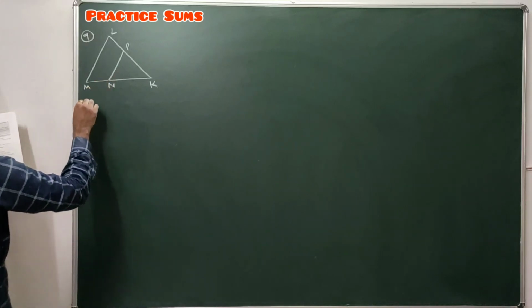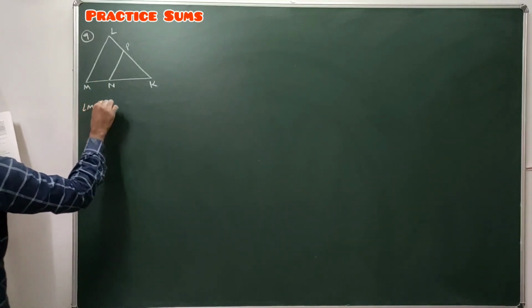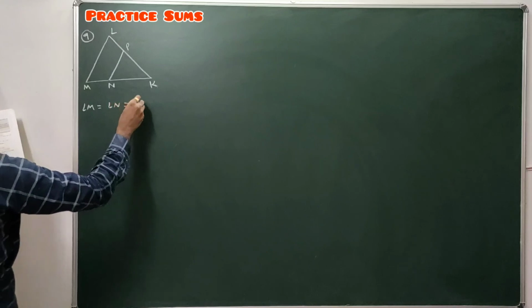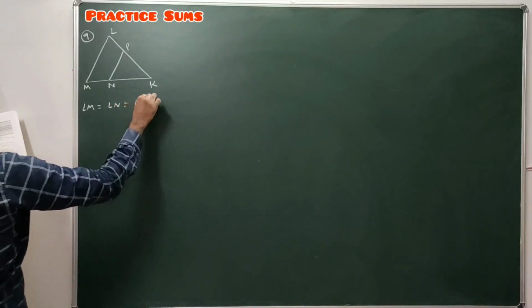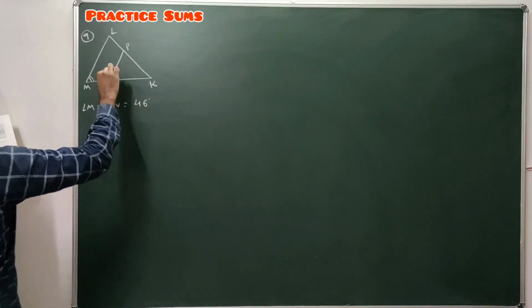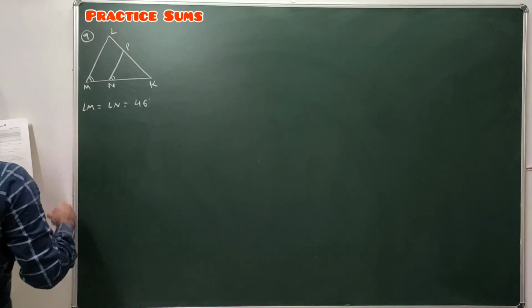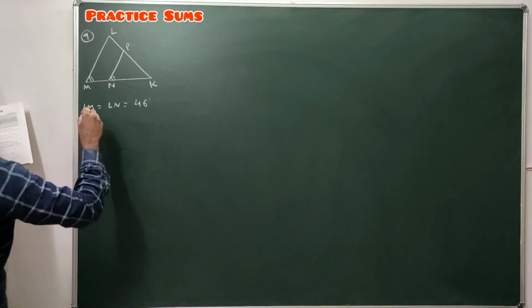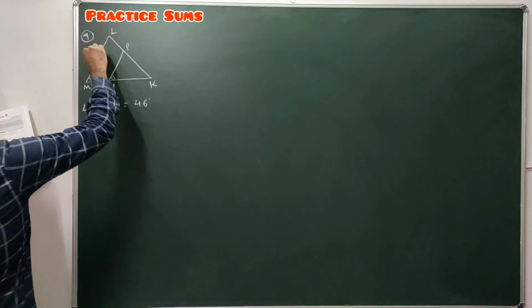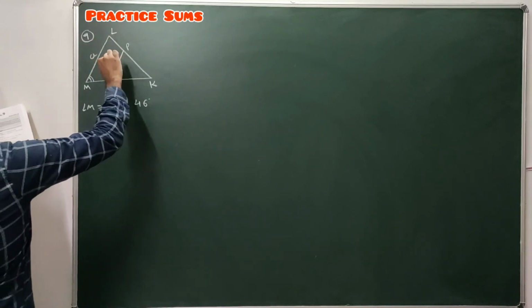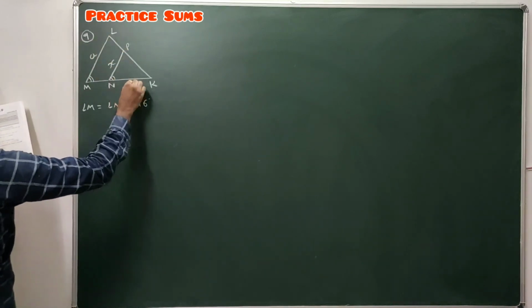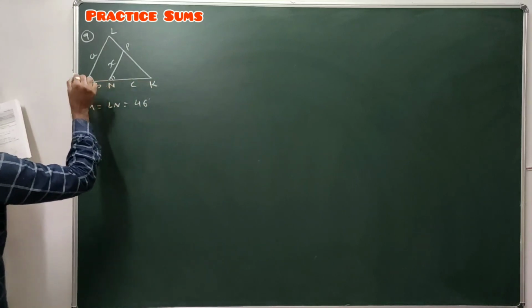In this given figure, given that angle M equal to angle N equal to 46 degree. These two angles are equal and they are equal to 46 degree. Express x. Here dimensions are given. This length is a, this length is x, this length is c, and this length is b.